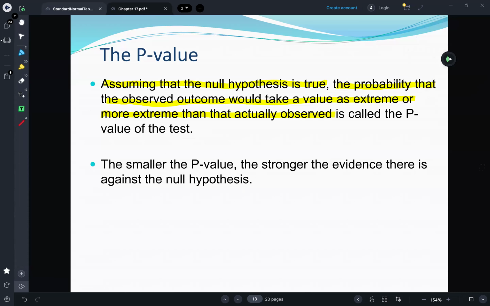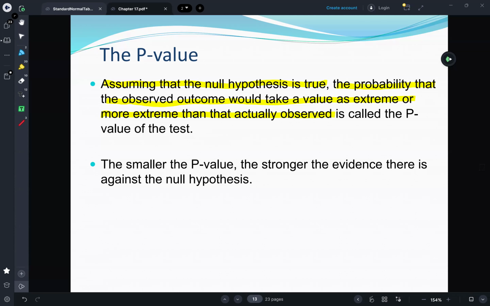In short, it measures the strength of the evidence against the null hypothesis. So the smaller the p-value, the stronger the evidence there is against the null hypothesis, because that means it's not likely.